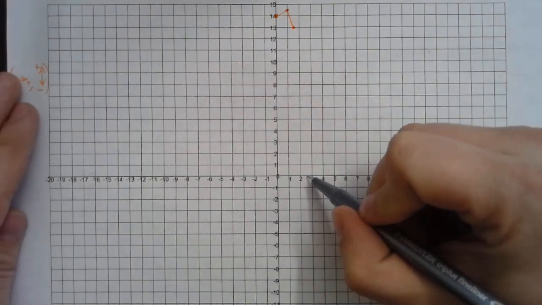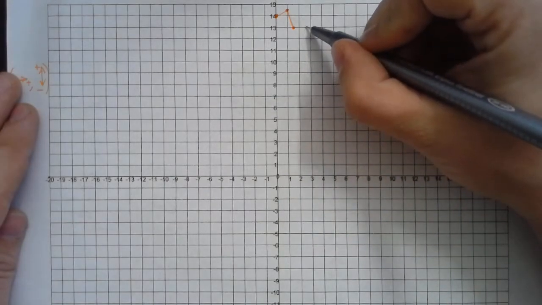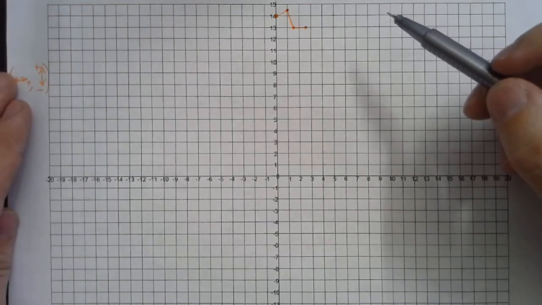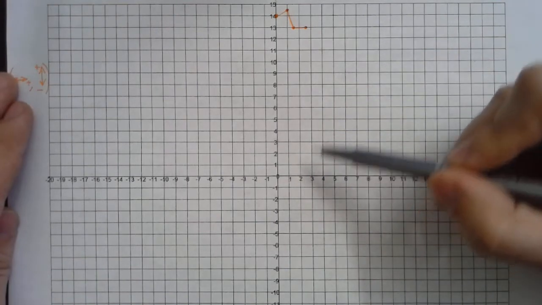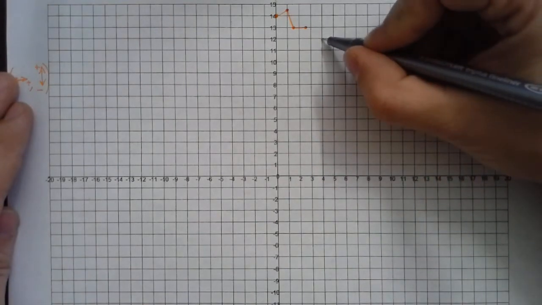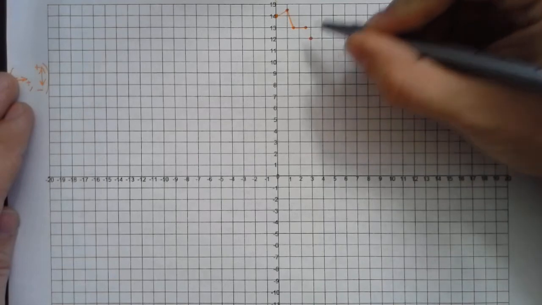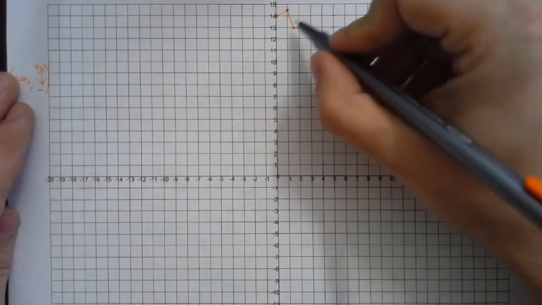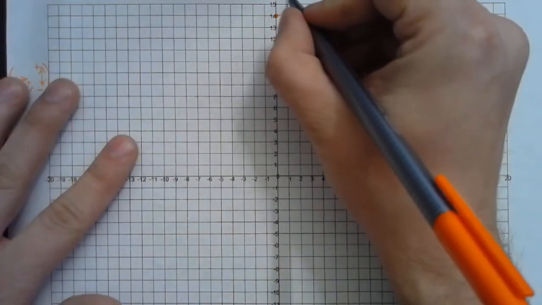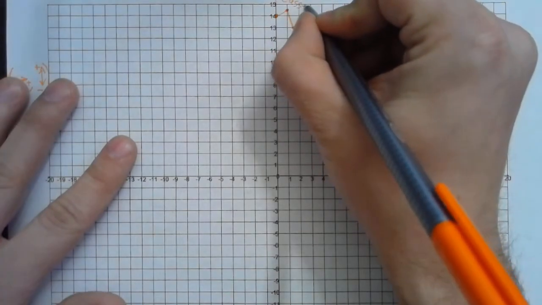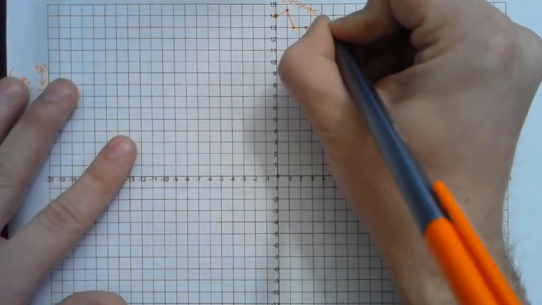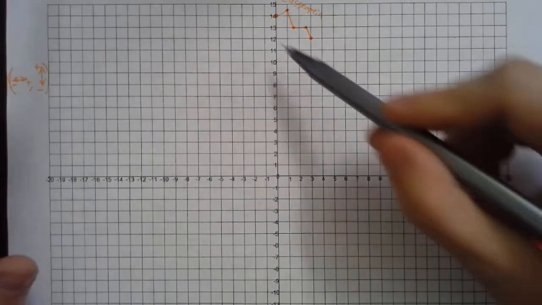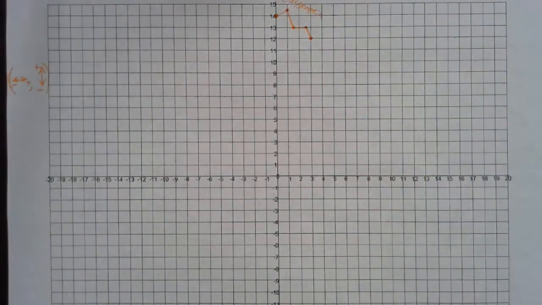We're just going to go straight over. And our last point is at 3, 12. Right here. And that is Cassiopeia. There's our first constellation.